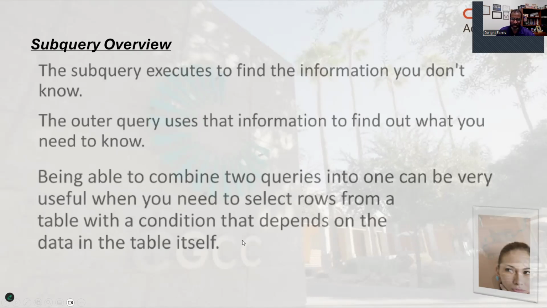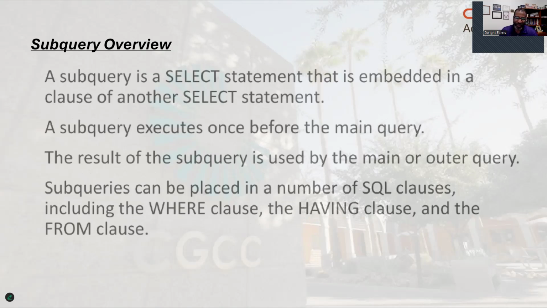Being able to combine two queries into one can be very useful when you need to select rows from a table with a condition that depends on the data in the table itself. So I guess the best way to begin to think about this is you have something that you're trying to figure out, but you have an unknown.